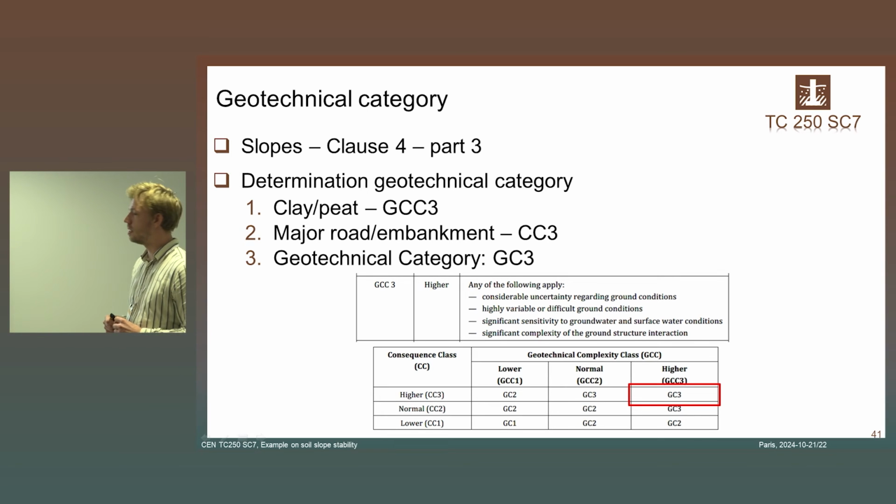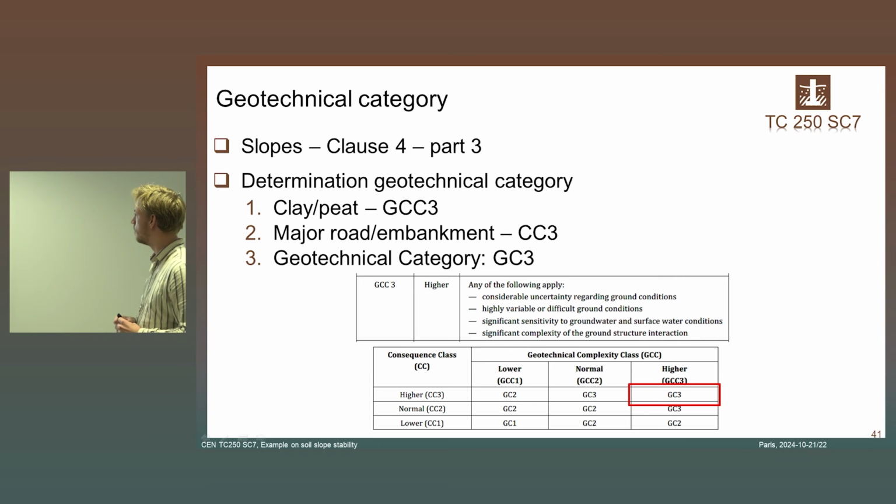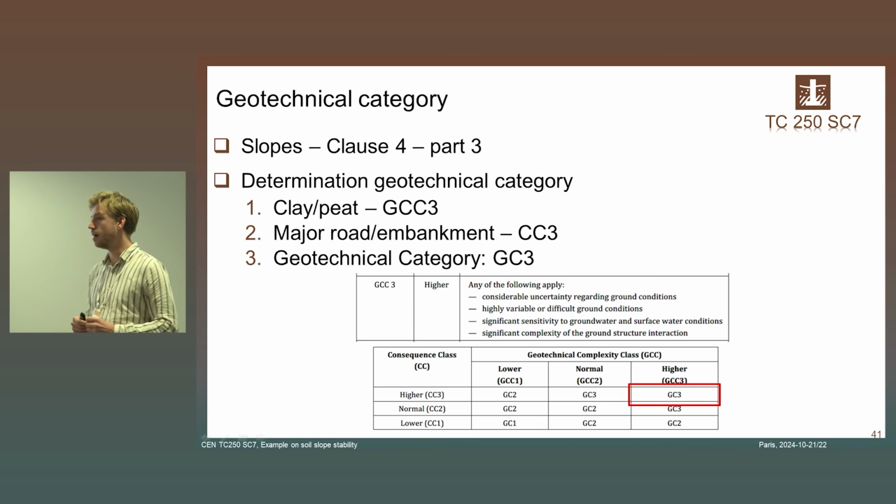First is determining the geotechnical complexity class, and what applies for class 3 is written there. Considerable uncertainty, highly variable, difficult ground conditions, sensitive to groundwater, and complexity of ground structure interaction. Well, that was definitely the case here.